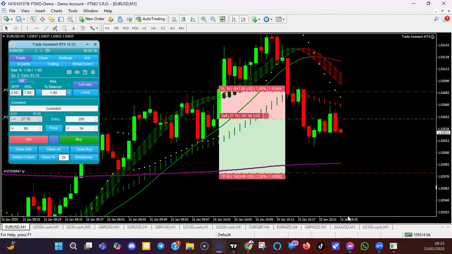The Academy 55 indicators will help you determine where to get in and where to put your stop loss. But the rest is experience and knowing when to trade, knowing when to leave it, and having the strength in your mind to say, you know what, I'll come back later on, or I'll come back tomorrow even, because price is bunching up and going sideways.